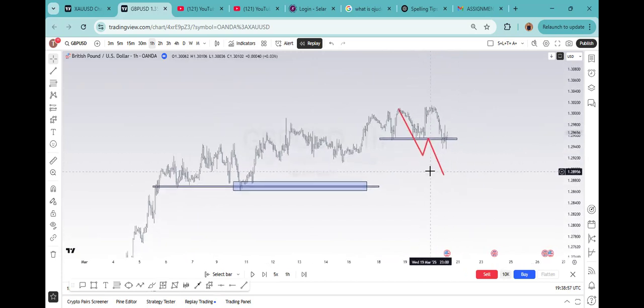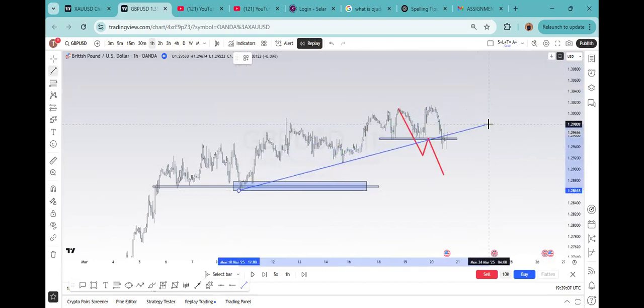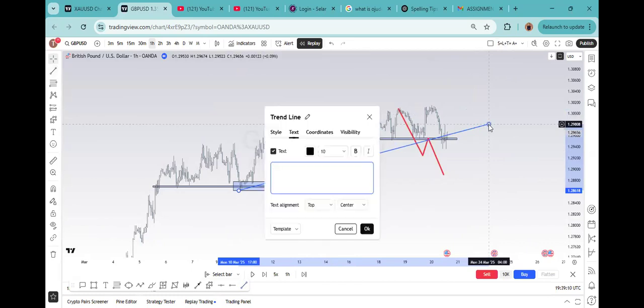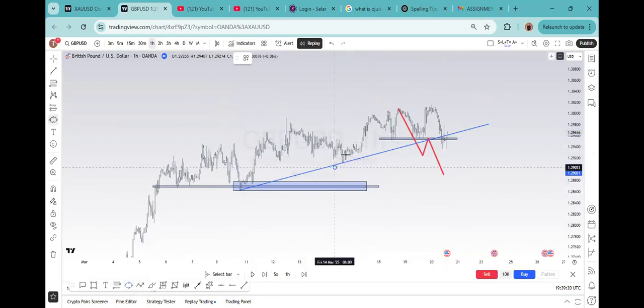So you're already aware that that structure can easily be broken and you're not taking permanent structural decisions on this. Now, you have your support area. This is support on this trend line, support here, support here. I think I should be using pointers. We have support here.